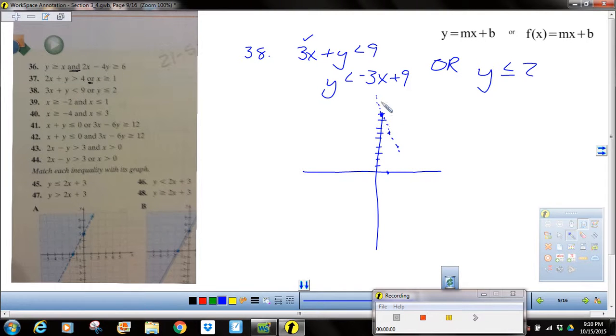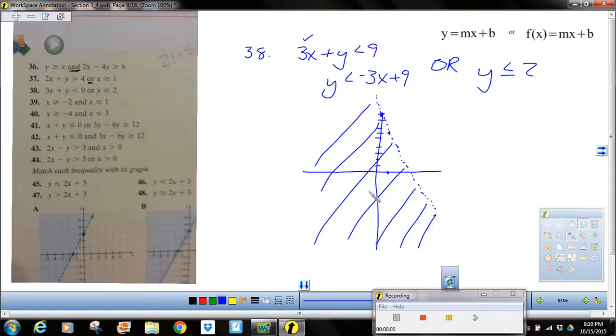Y is on the small part of the inequality, so it's less. It'd be this area through here. Now this one is OR, so I'm not concerned with overlap. I'm just going to graph everywhere where it goes. So I'll go back and fill this in better later.